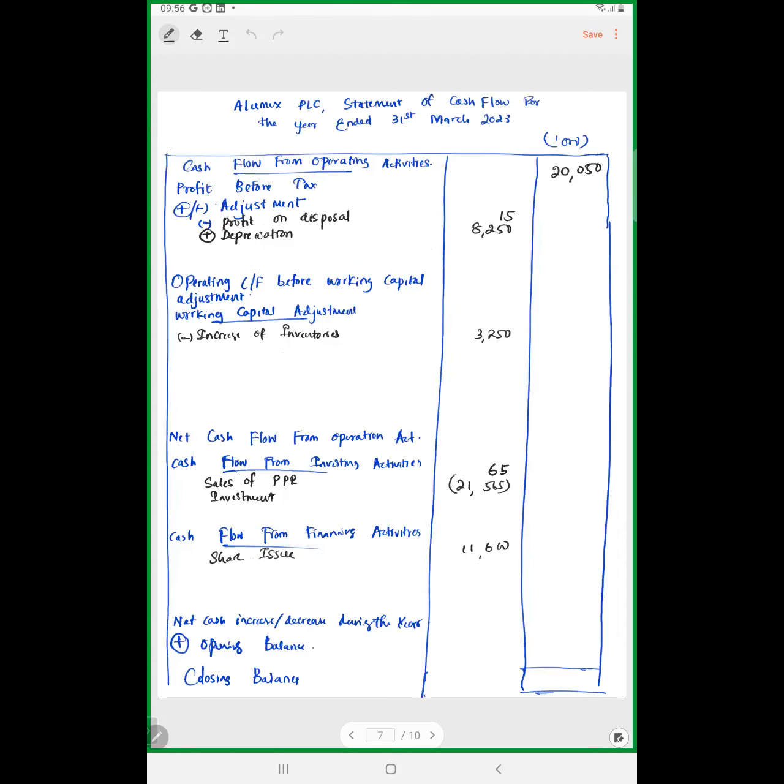Under the investing activity, we can record it as investment income 2,200, right? And meantime, we need to deduct the annual investment income from the operating activities. Why? This is actually investment activity. So therefore, we have to deduct 3,400 from the operating activity. Is that clear?